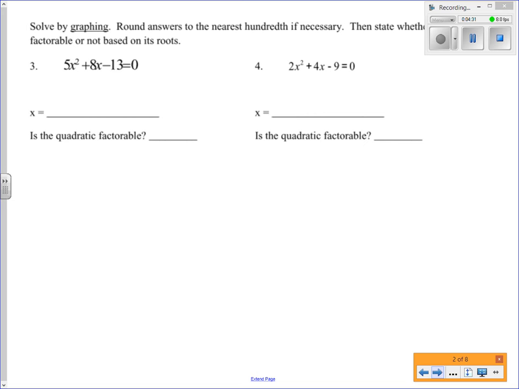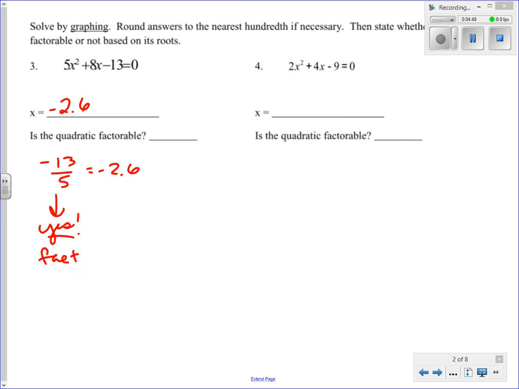Okay, and you should get -2.6. And just so we know, -2.6 is actually -13/5. So in terms of is this factorable, this first one is factorable. We would not know from seeing the decimal, but once we change it to a fraction, we know that it is factorable.